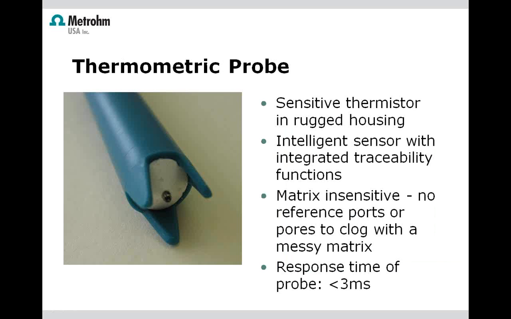Now, one of the key portions of the thermometric system is the thermometric probe. The thermometric probe is a sensitive thermistor. It's very rugged. And here in the picture, you're seeing the lower portion of the thermoprobe. And the key portion is the small black portion in the center of the probe that's shown here.